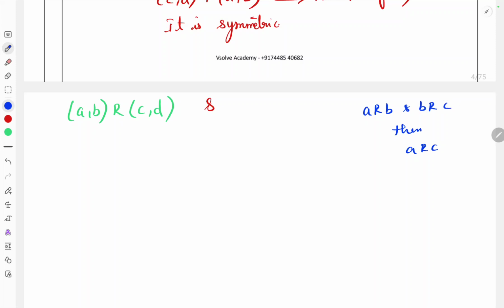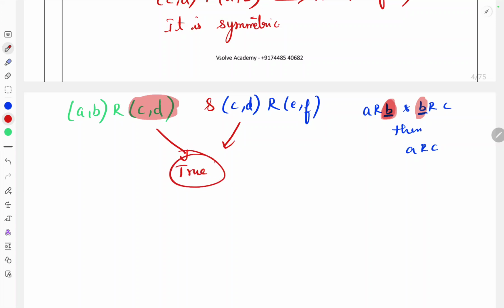If you see here, this part ends with (c, d), so whatever b you have, in this place we have (c, d), which means the next one should start from (c, d) and it should be related with some (e, f). This part b here and here also b, it should be the same. So we have to take these two things as true.